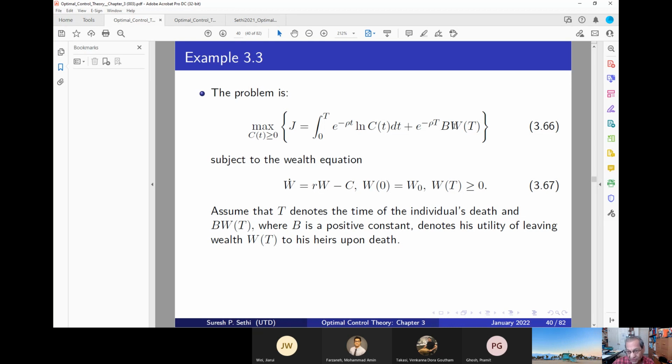So that problem with w equal to 0, wt equal to 0 will exactly give us the previous objective function, because b of 0 will be 0. So then what happens is, clearly at b equal to 0, the previous solution is still good. But if b is slightly bigger than 0, maybe the previous solution is still good, because I don't put so much value to the bequest. So the issue becomes, what is the threshold value of bequest?